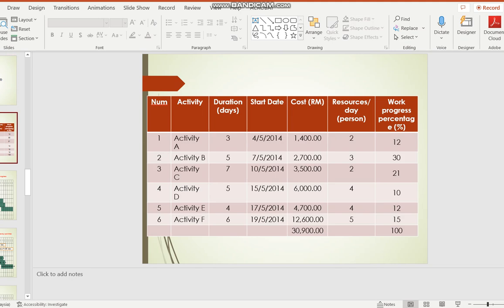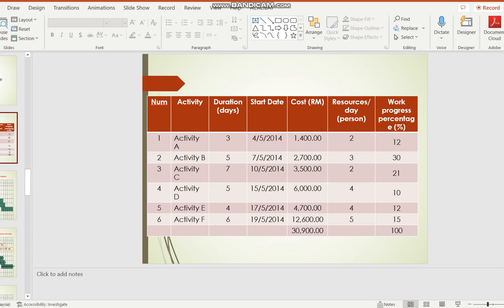So for the physical S-curve, you can base it on resources. That's one way of looking at it. Let's say this work takes a lot of resources out of the whole bunch of resources you have, say 20% of the resources, then you would say this work progress will be 20%. And if this work is going to take just 15% of your resources, then it is 15%.